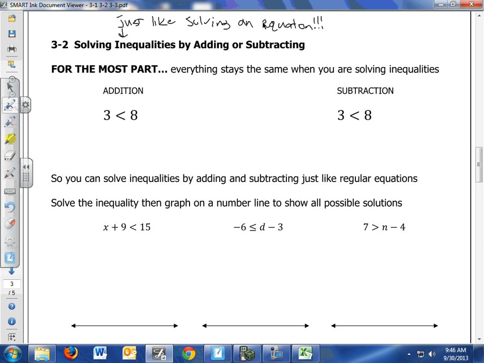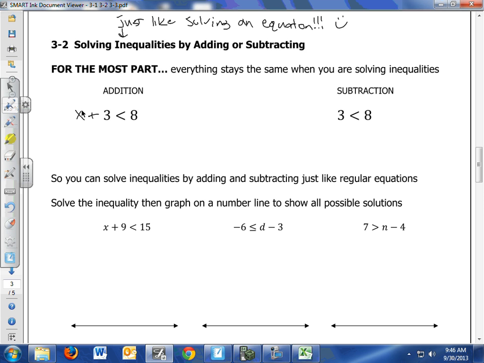Lots of exclamation points, a happy face, yay, we just did such a good job on our first test on solving equations. We're really not doing anything that different this time around when we're solving inequalities. For the most part, everything's the same when we're solving inequalities, just like we're solving an equation.